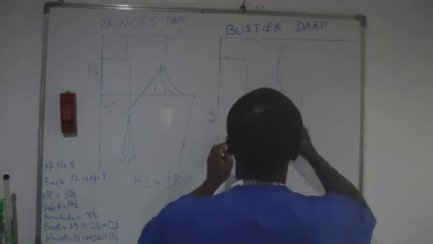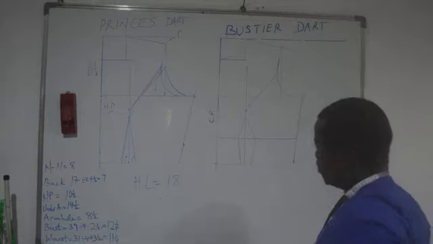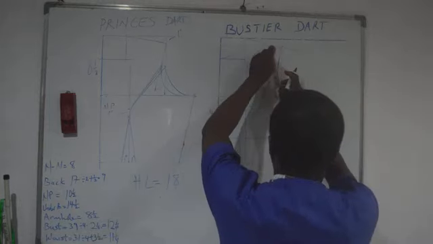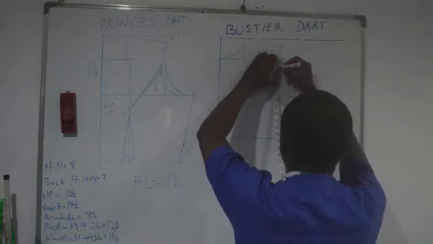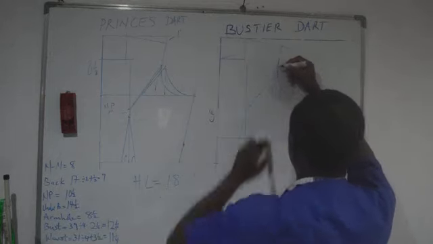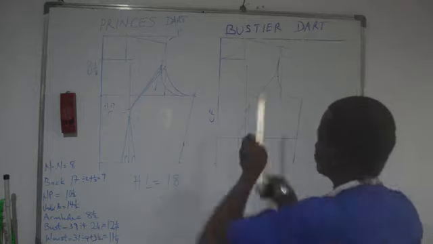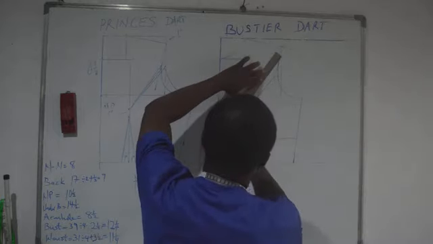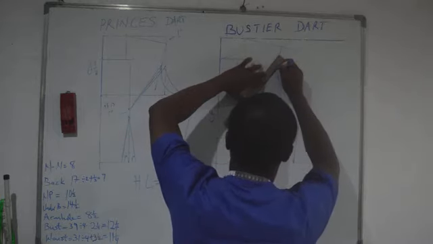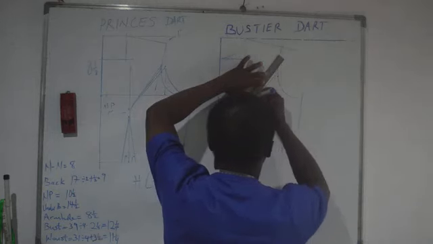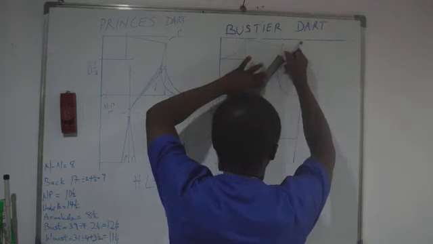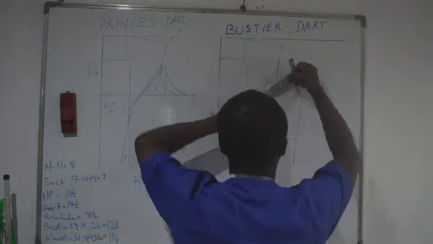Mark an inch, and then here you are going to take off 1 inch. This armhole area, what you are taking off is 1 inch. Then pick your straight ruler and connect from that point to this point.